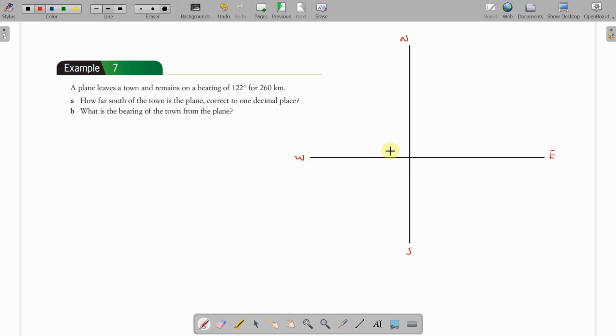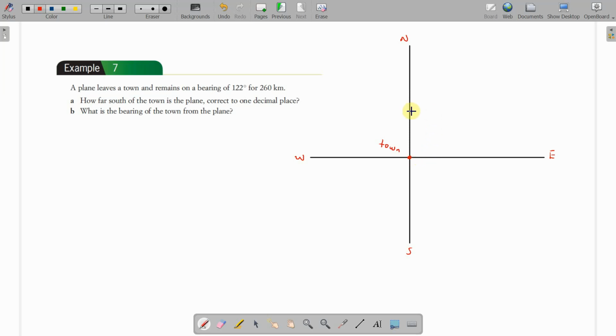When it's talking about bearings, it's got to come from somewhere, and it's always in the centre of the compass. So this is the town in here, and the plane leaves the town on a bearing of 122.